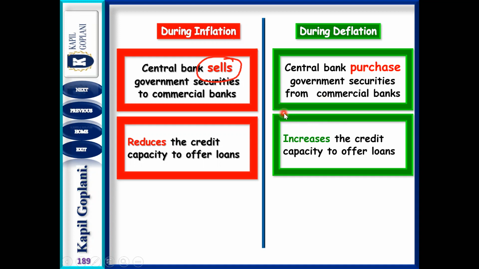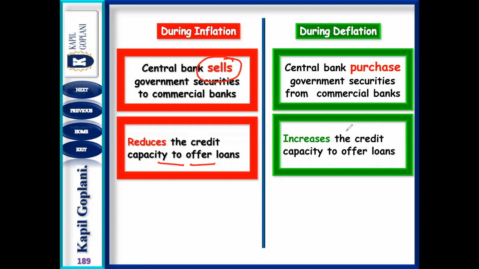Now, how do government securities reduce the credit capacity? See, when the government securities are sold, the commercial bank has to pay to the RBI. Now, if they have paid to the RBI, how can they give loans to customers then? So the capacity to offer loans reduces. Similarly, during deflation, when government securities are purchased by RBI from the commercial bank, the bank receives excess amount.